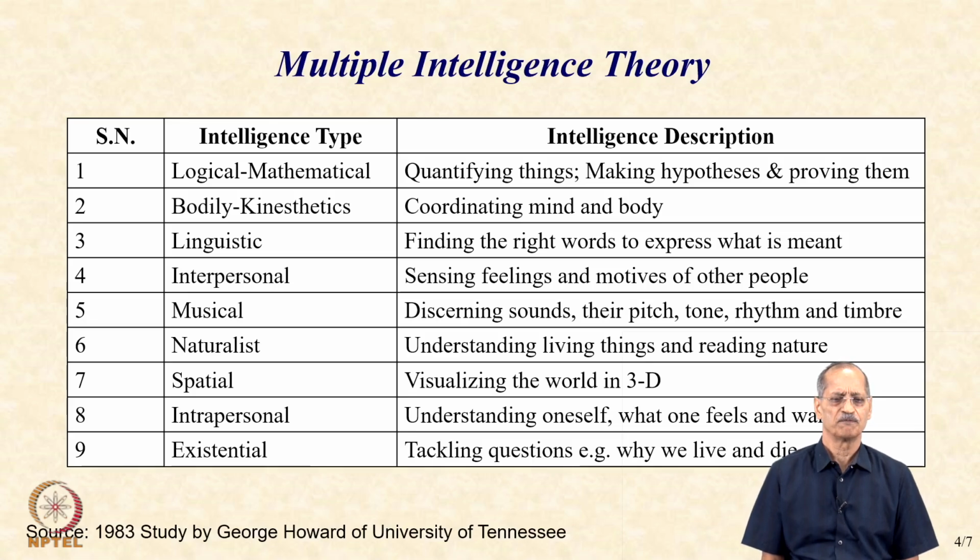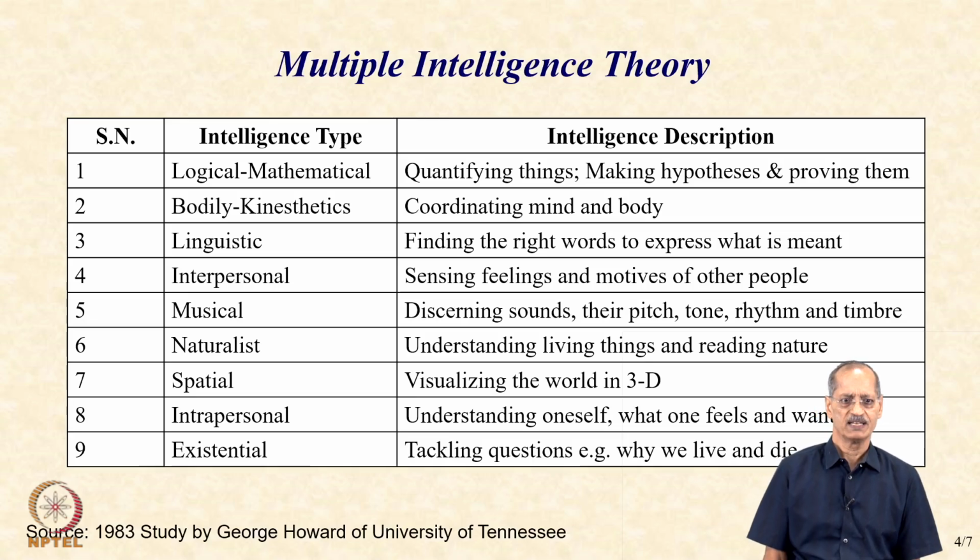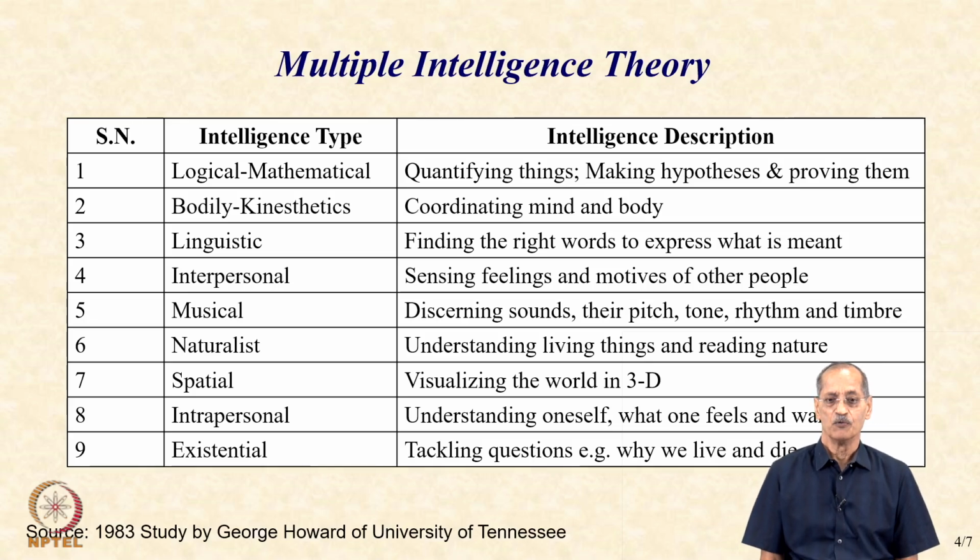So, the first one we talk about is logical mathematical intelligence. It is one type of intelligence where people essentially are very skilled in quantifying things, making hypotheses and proving them.